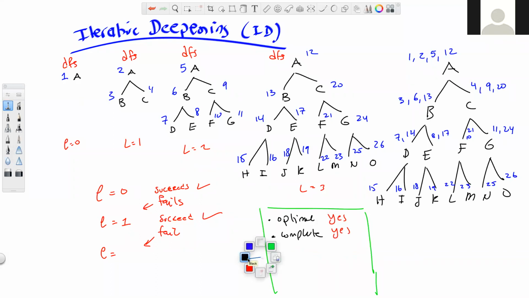Time complexity and space complexity require maybe a little bit more discussion. Why? Because there is this business of repetition, and people are saying time complexity is in the garbage here, but I guess space complexity is good.